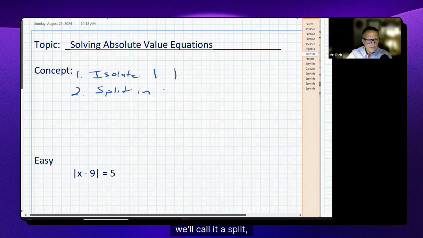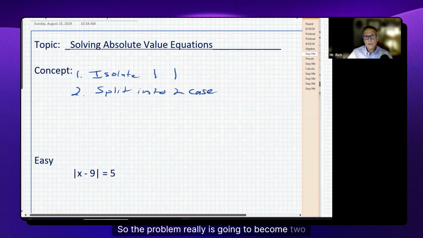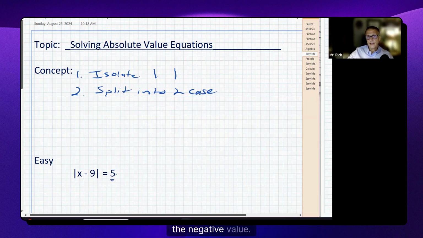Well, we'll call it split into two cases. So the problem really is going to become two problems. And what you're going to do is set one of the problems where the right-hand side of the equation is the positive value, and the other one is where it becomes the negative value. Let me just show you how that's going to work.